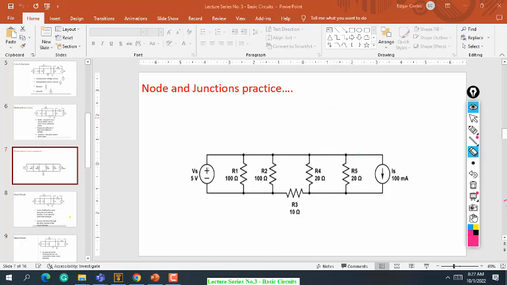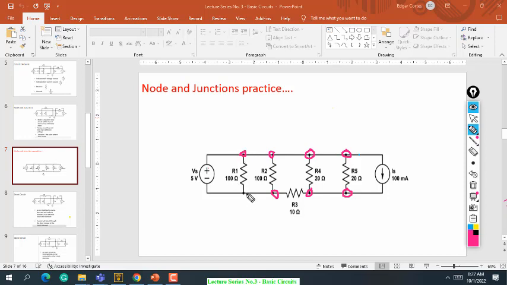The wires meet here, therefore this is a junction. Here also the wires meet, so this is a junction. This is also a junction, and this is also a junction. Another junction, another junction.